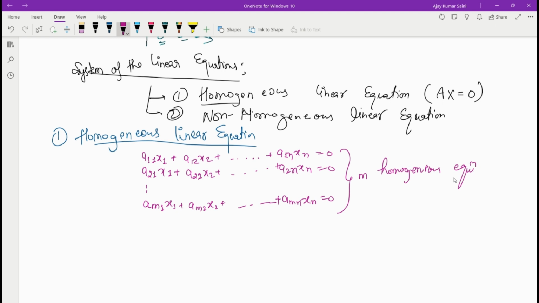So it is in the form of Ax equal to 0. You can see here Ax equal to 0.